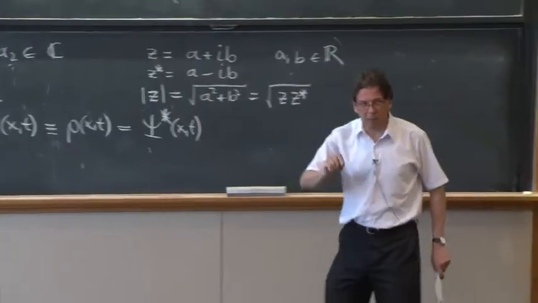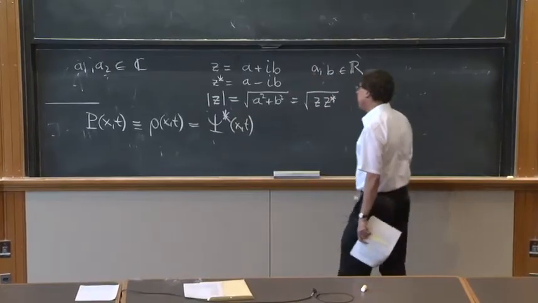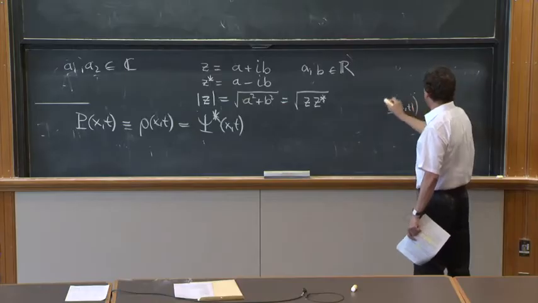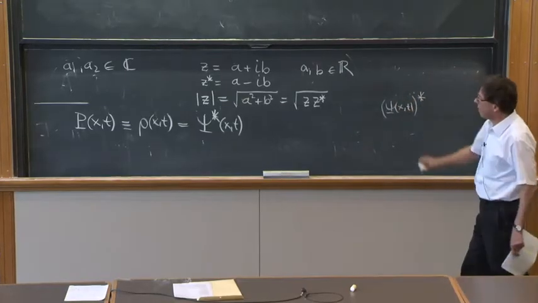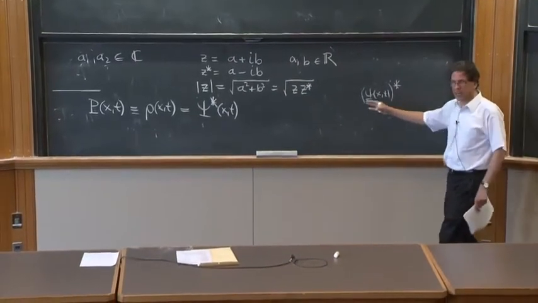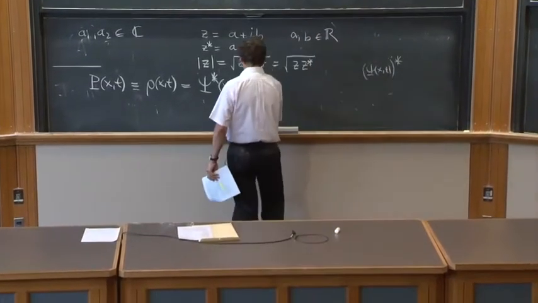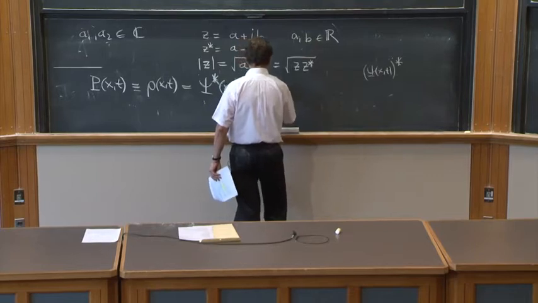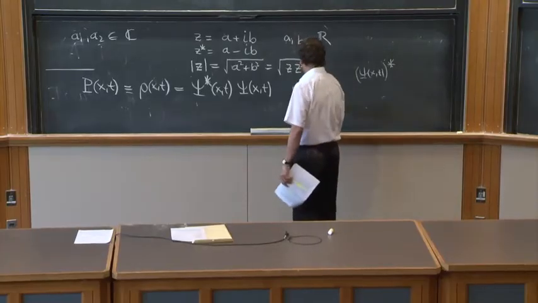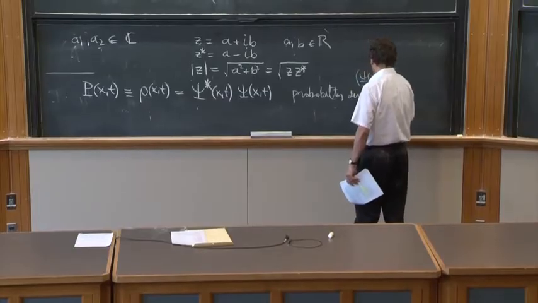Now, here the notation means this psi star, we put the star here. It really means psi of x and t complex conjugated. You complex conjugate the wave function, and you get that. We put the star here, and typically don't put the parentheses unless you have to complex conjugate something that is a little ambiguous. So psi star of x and t times psi of x and t. And this is called the probability density.